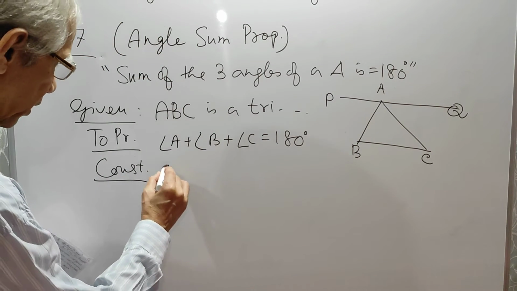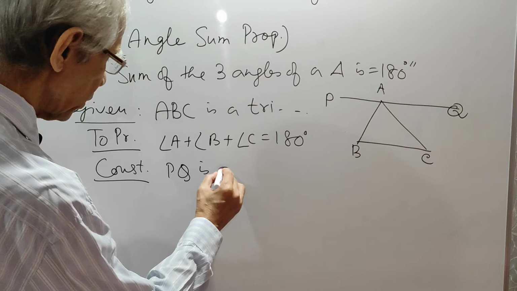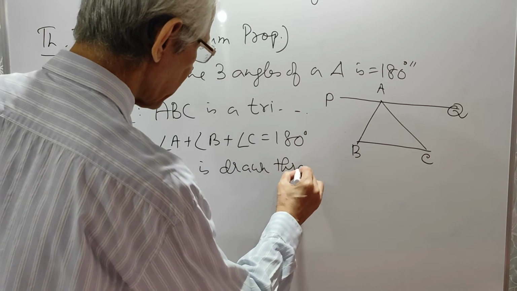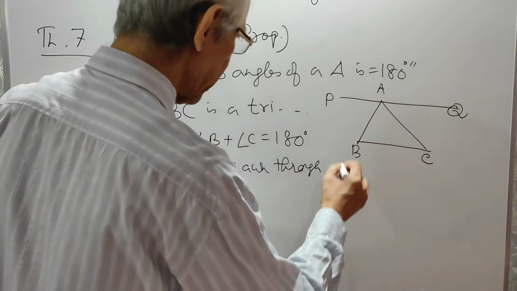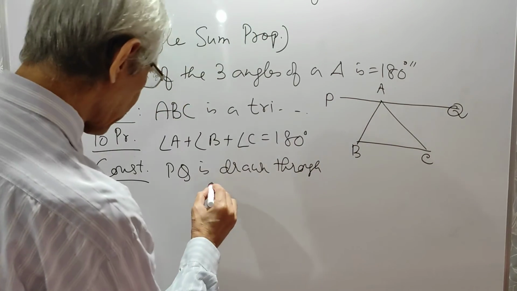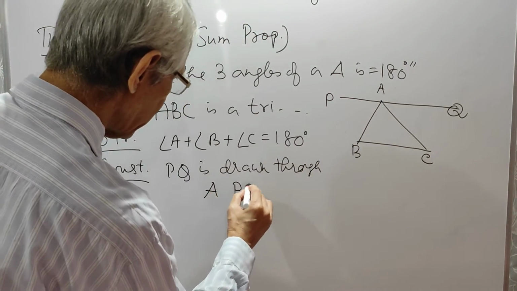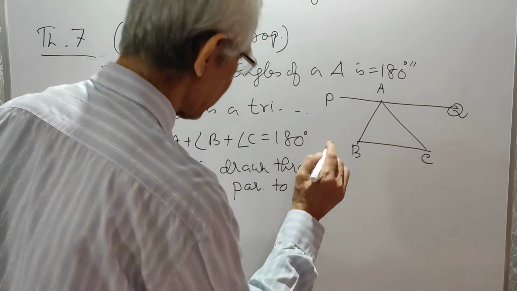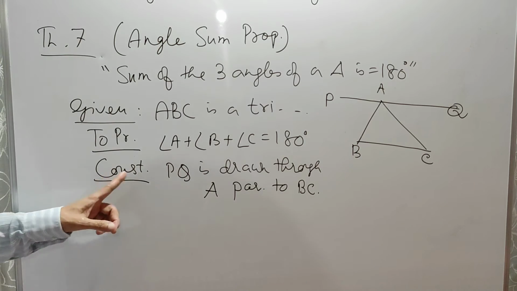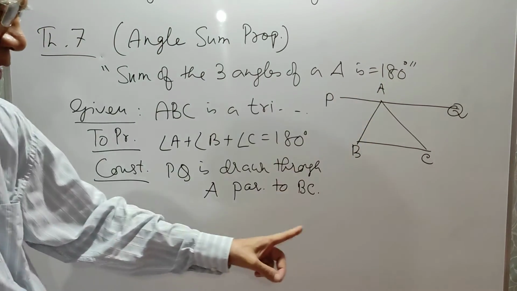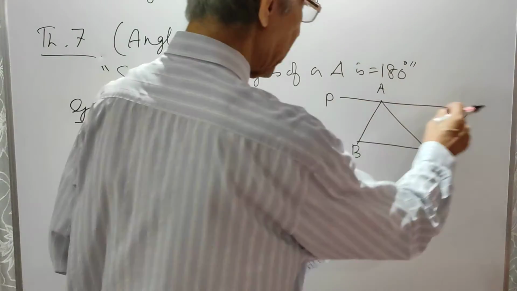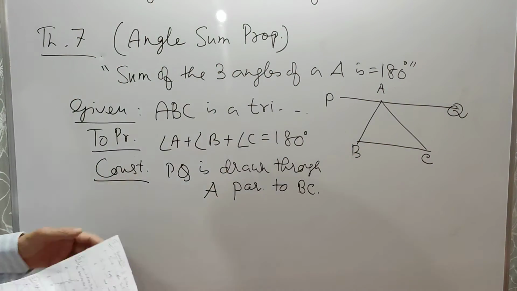Construction: PQ is drawn through the point A parallel to BC. So this PQ is parallel to BC according to construction.